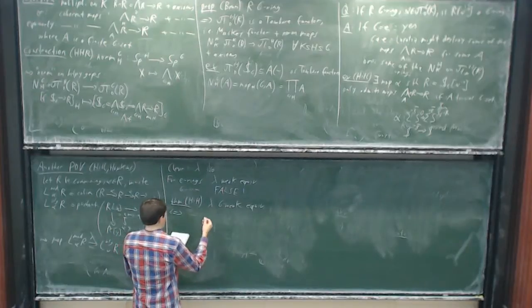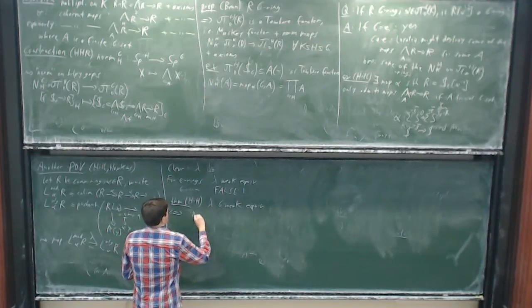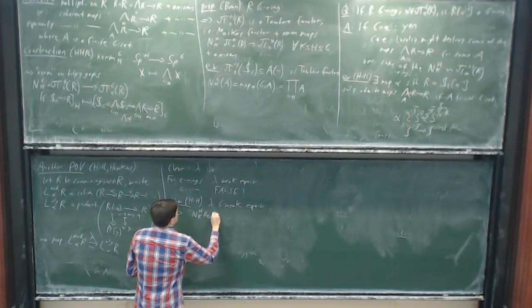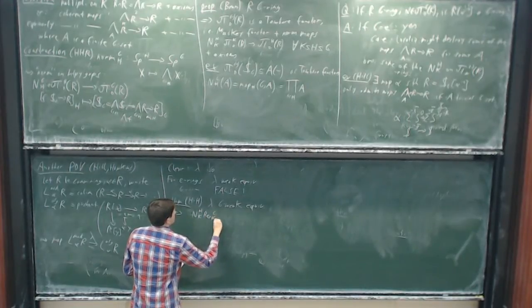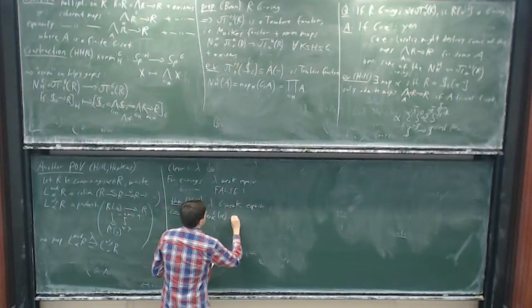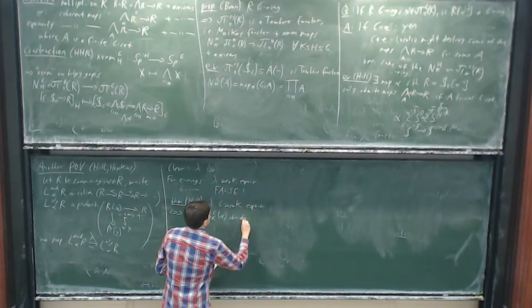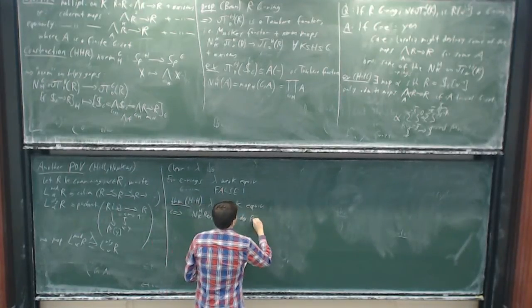We want that the norm of the restriction of alpha divides the thing that you get if you only restrict to the right group.